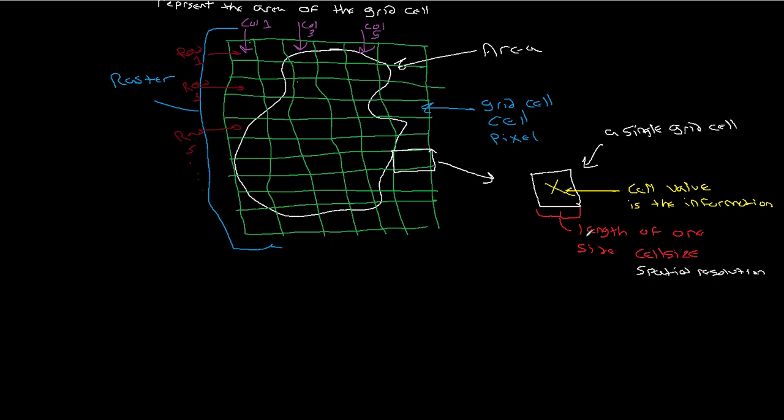So just to really clarify this idea of spatial resolution. Spatial resolution, I'm going to put underneath it cell size, because you'll see both these terms, just like grid cell, cell and pixel are synonyms. Cell size and spatial resolution are synonyms.